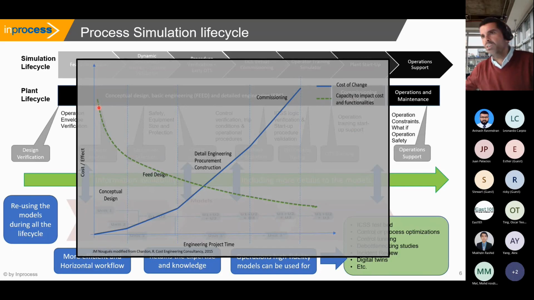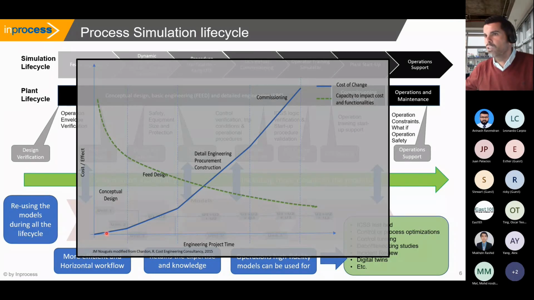Along the project execution, of course, you do not have so wide a window to do modifications. So the first insights that you get at the early stages can be implemented, right?